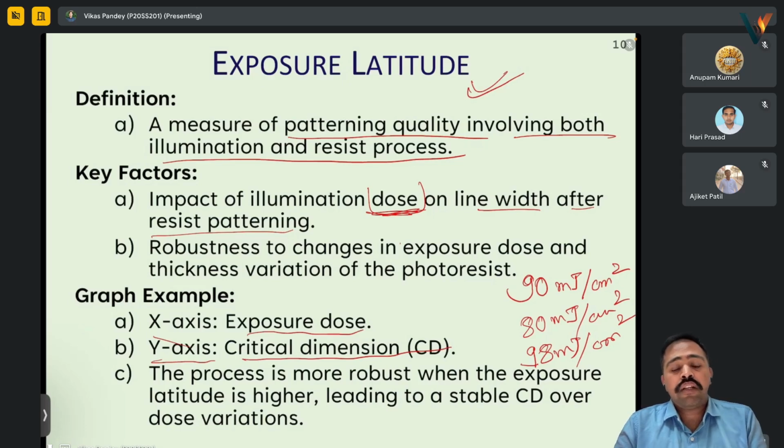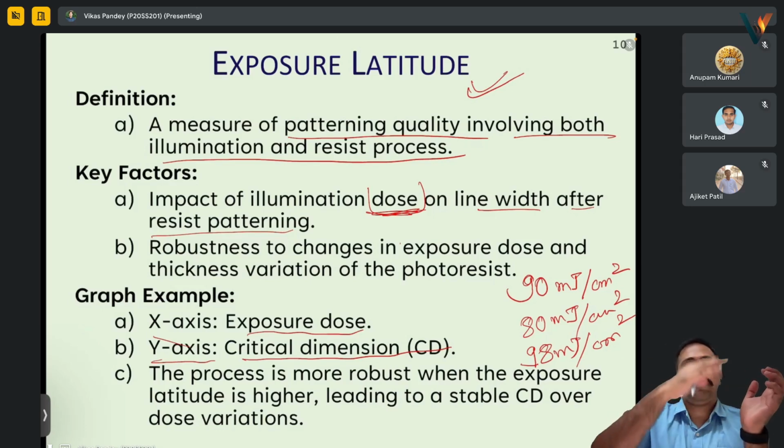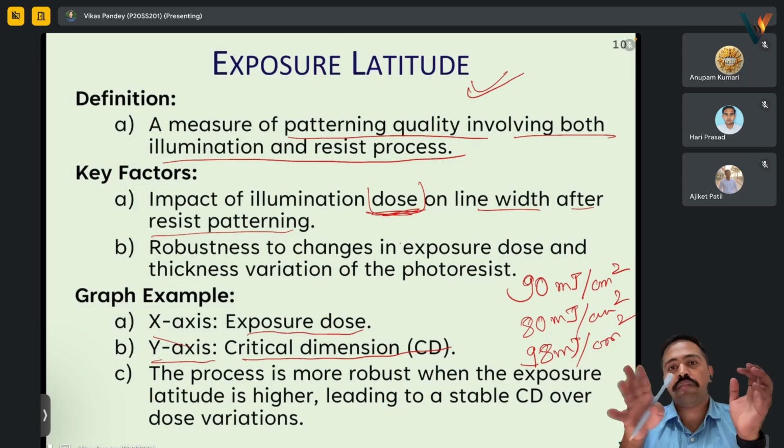When this exposure latitude is higher, we will get stable critical dimension over some variation of doses. So although there is one optimal dose, it will cover some variations.